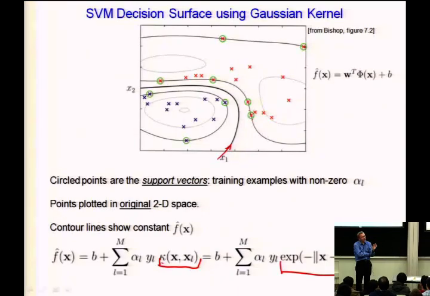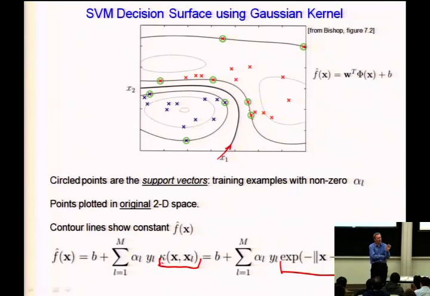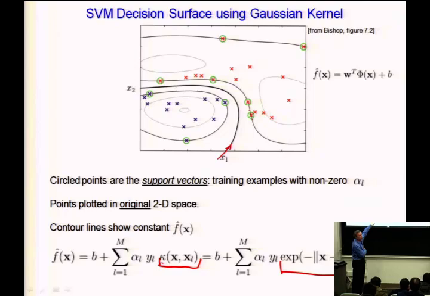When I pick a kernel function, what I'm trying to choose is a similarity metric. I'm trying to say two points whose dot product is large according to this kernel are very similar, and two points whose dot product is small according to this kernel are very dissimilar. And that's how they're going to be used here.